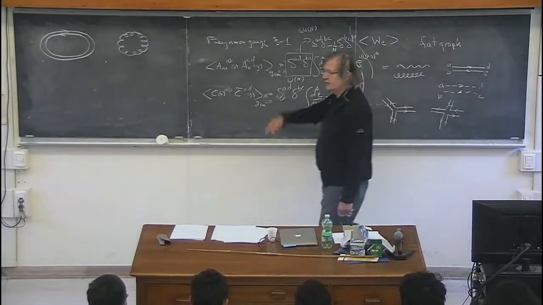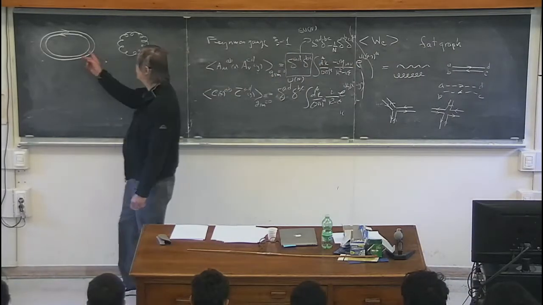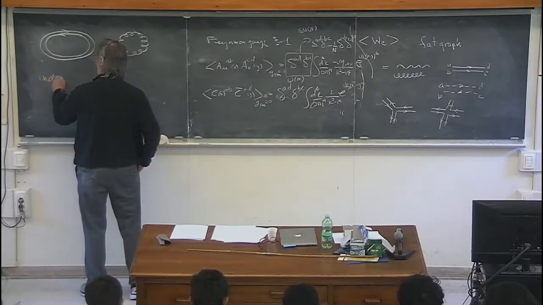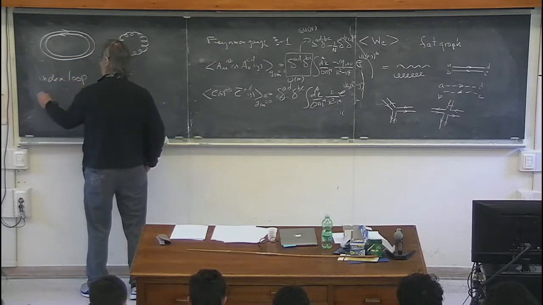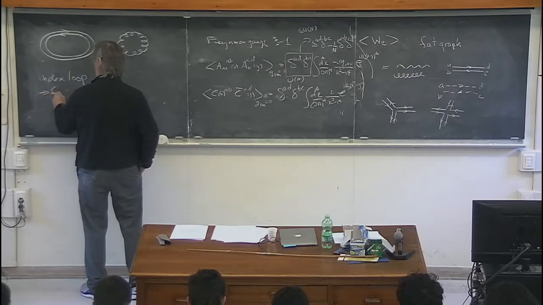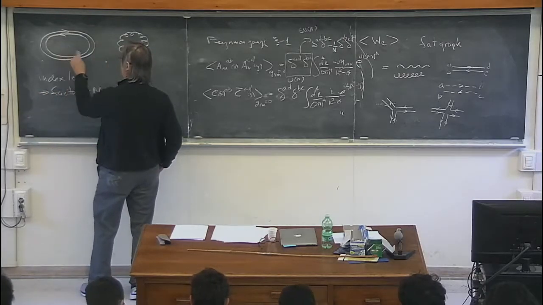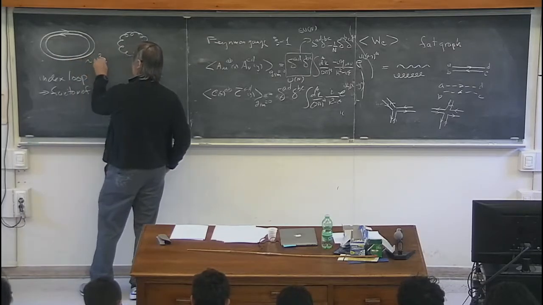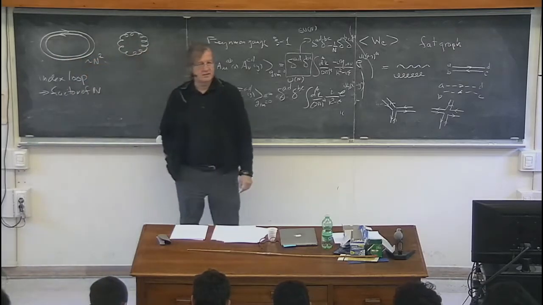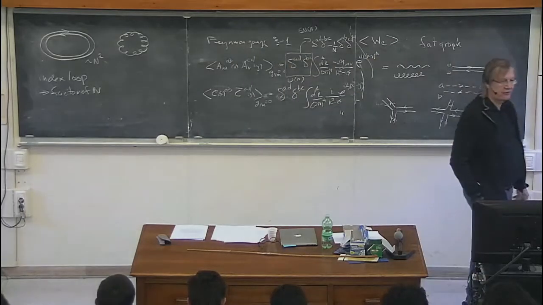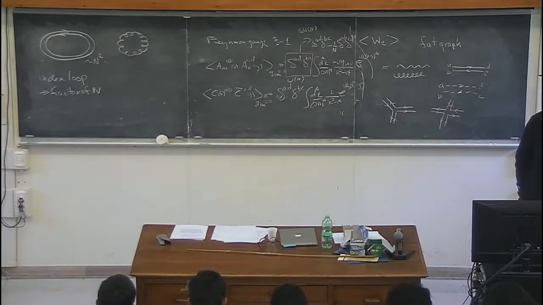So each closed loop gives you a factor of n, the so-called index loop. And so this diagram goes like n squared. You can see by just counting the index loops. And so what this fat graph notation is for is just to figure out where the index loops are and what the factors of n are.